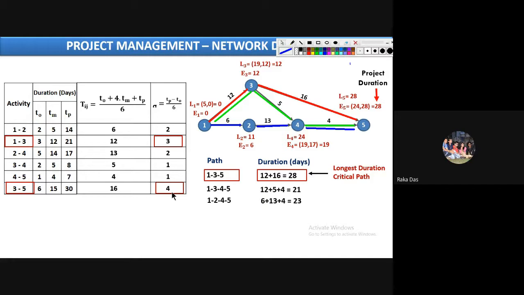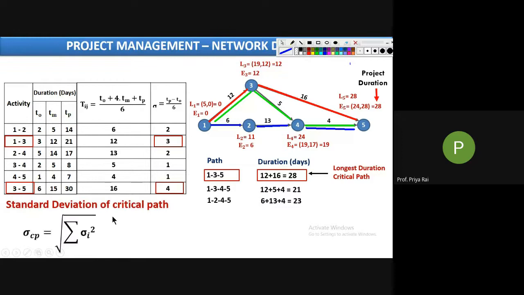Now if they ask you to find the standard deviation of the critical path, we will consider only the standard deviation of the critical activities in the formula.